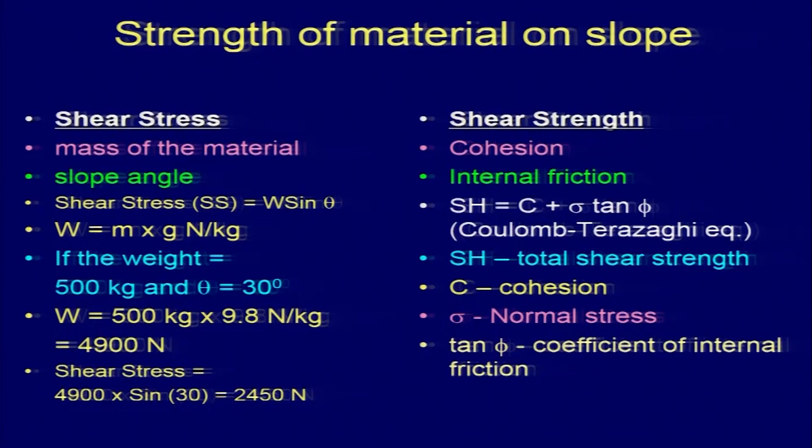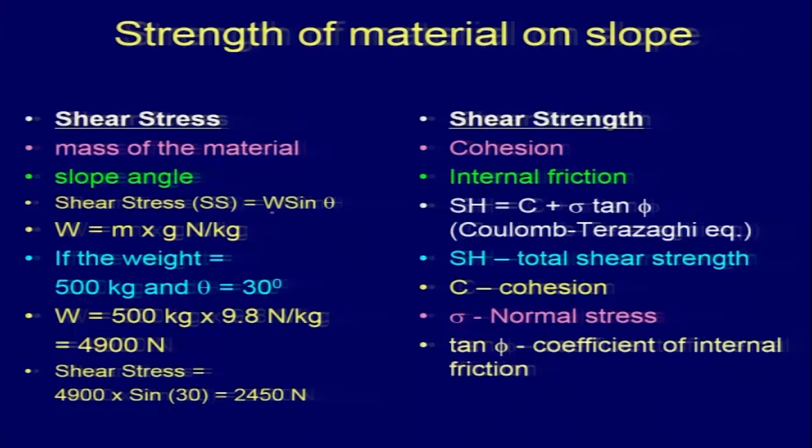So welcome back. As we were discussing in the previous lecture, the shear strength and the shear stress are the two very important components which will play a key role in triggering the landslide. And not only the slope, but the angle theta is the slope angle of the slope on which the material is sitting.